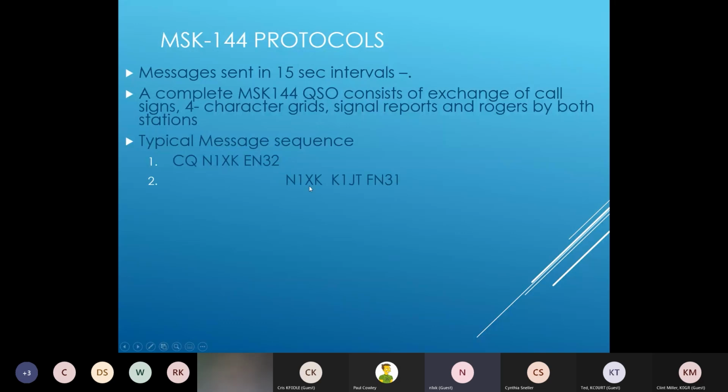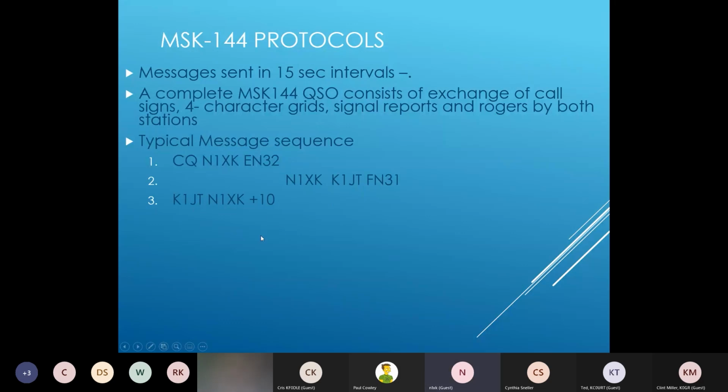Okay, so K1JT managed to pick up my signal, and the next thing he sends me is his grid square. He'll send that back to me. A certain period of time after that, I will get it. I will send him his signal report. He had a really good signal, plus 10.